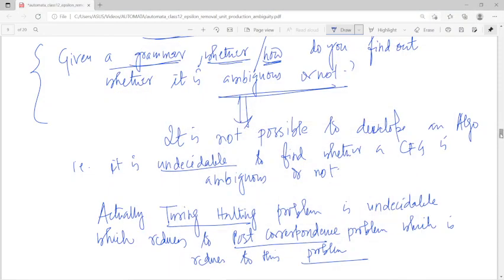In that particular case, what I am trying to say is that this is nothing but simplification of CFG, context free grammar.